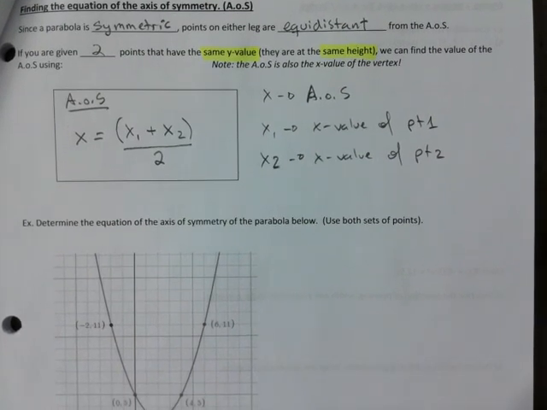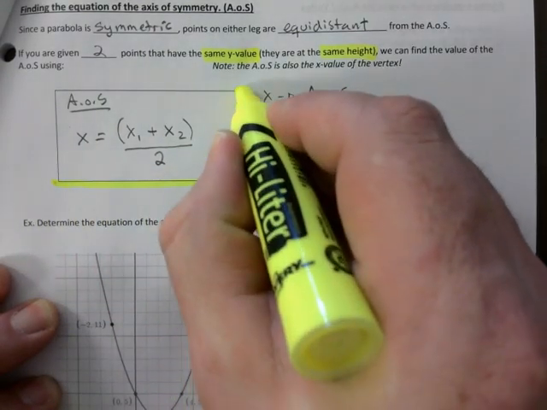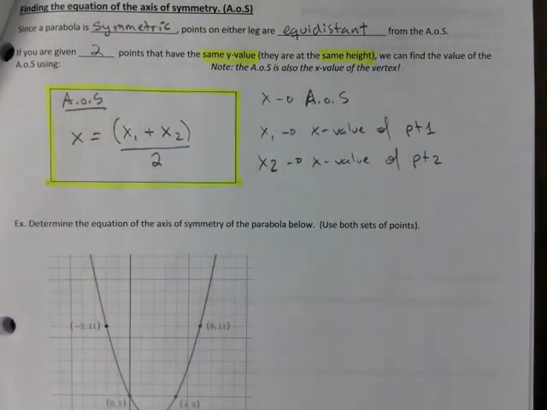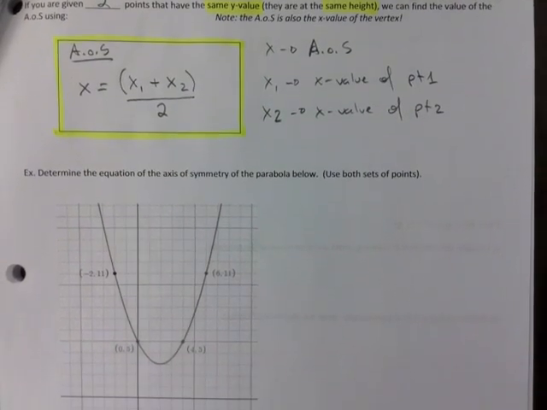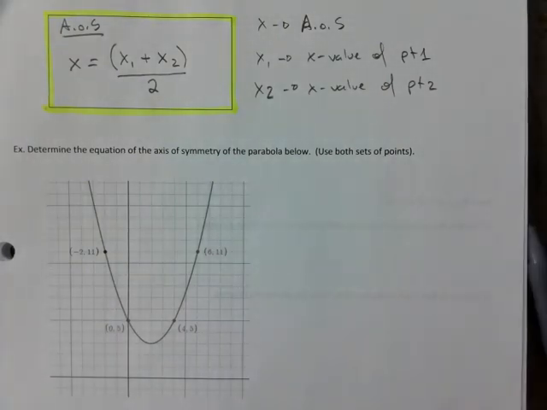It's nothing really that new, it's just an important concept to have in mind, right? So just make sure you add this to your study sheet, right? That's how, if we don't know the vertex, then this is another way to find the axis of symmetry, because remember, it is the x value of the vertex, essentially.